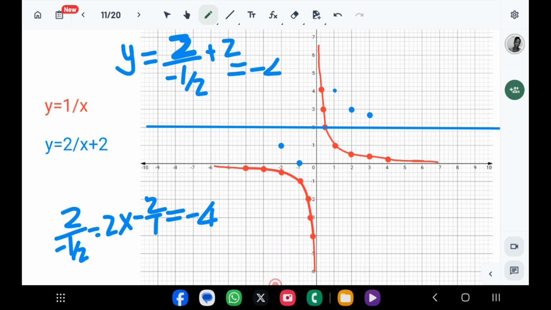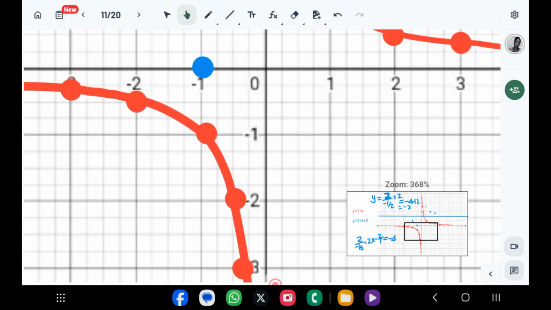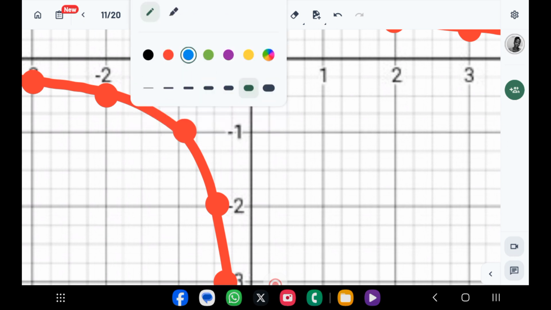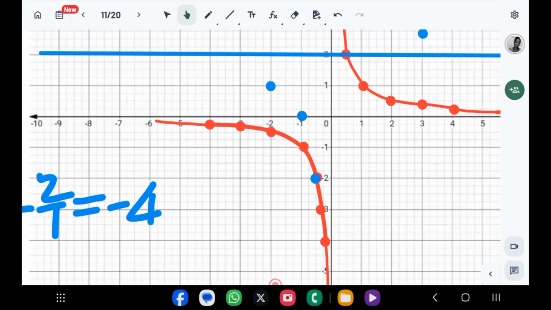Then -4 plus 2 gives us negative 2. So when x is negative half, we have negative 2. There is the point. So we've got 3 points.